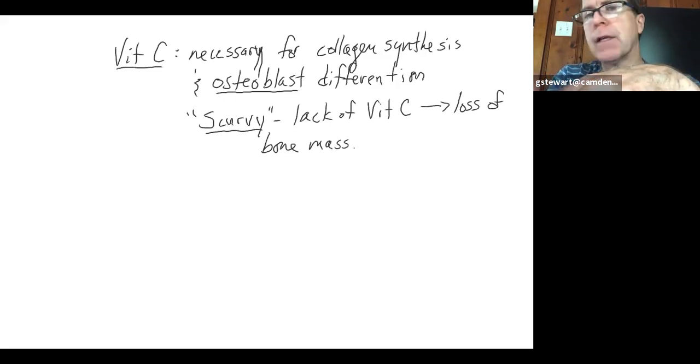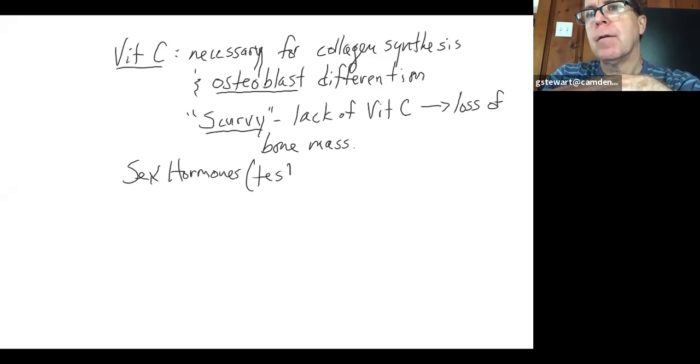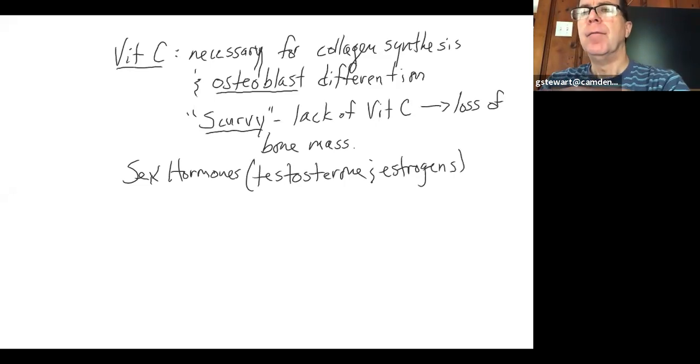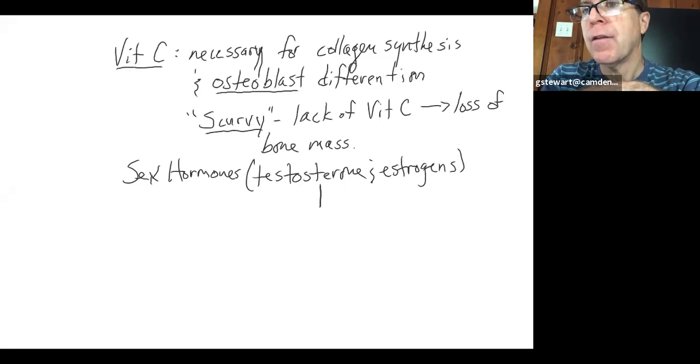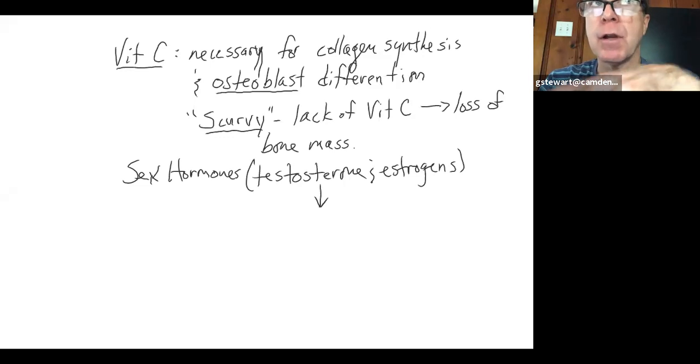All right, sex hormones. That just means testosterone and estrogens. So I'll put that in parentheses. During puberty, when we get a surge of these hormones in our body, they are the main factor influencing bone growth during our so-called growth spurt of puberty.